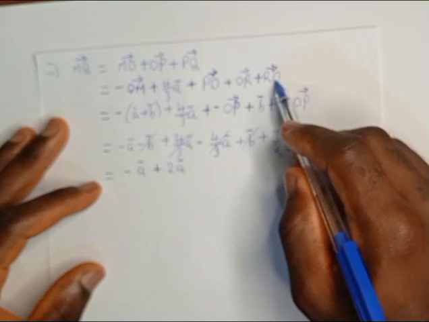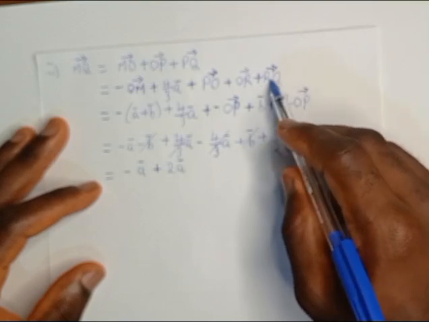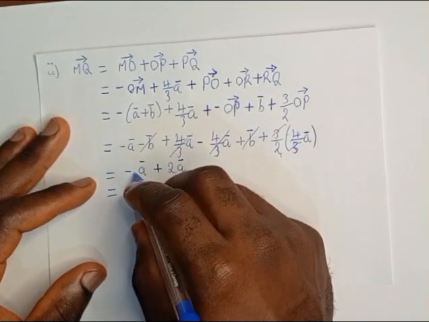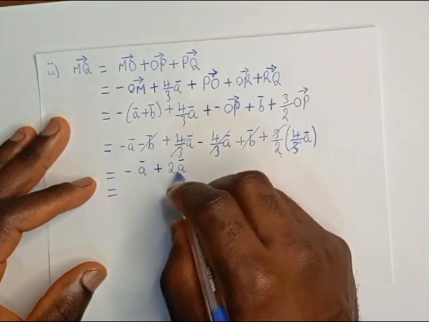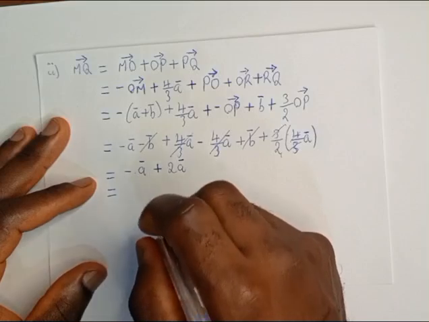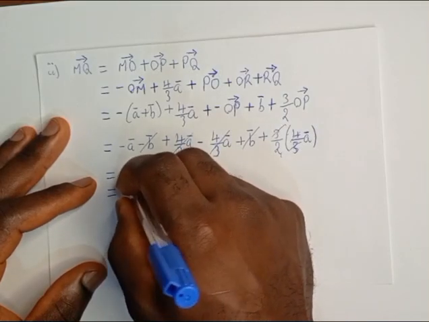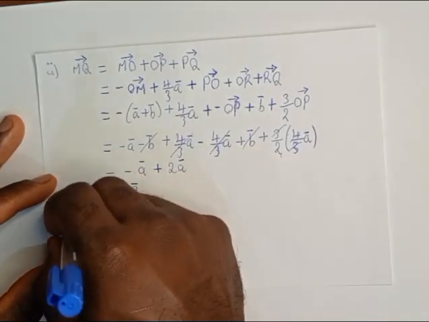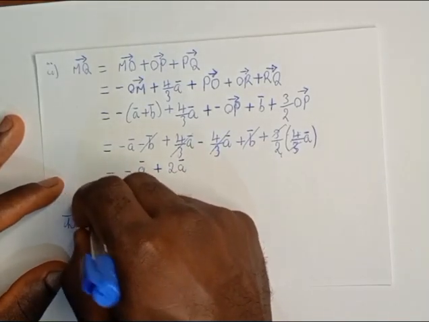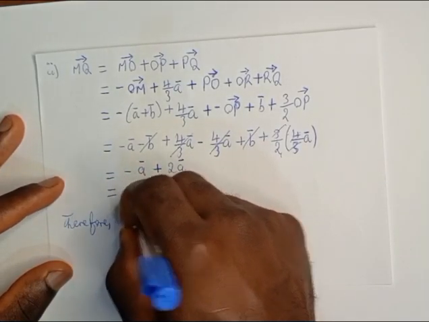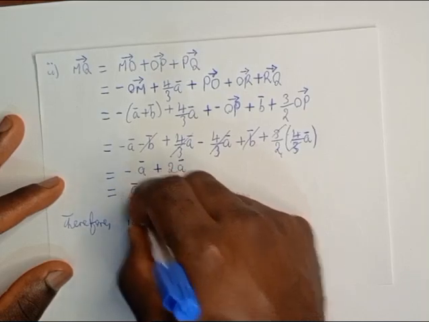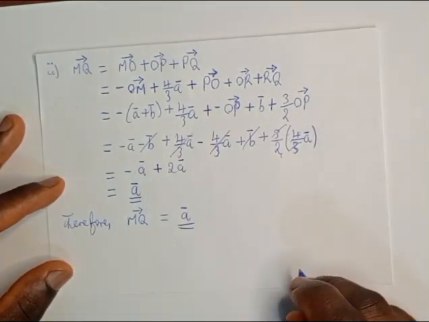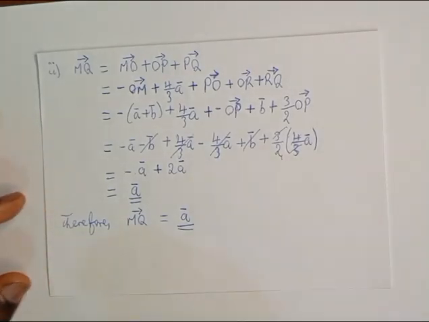Remember, from the question we have been told that RQ is 2 A bar. So this will be equal to negative A bar plus 2 A bar gives us A bar. Therefore, vector MQ is equal to A bar. We underline the answer.